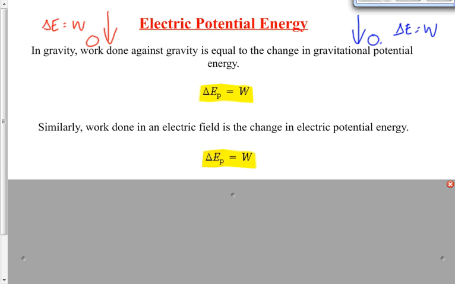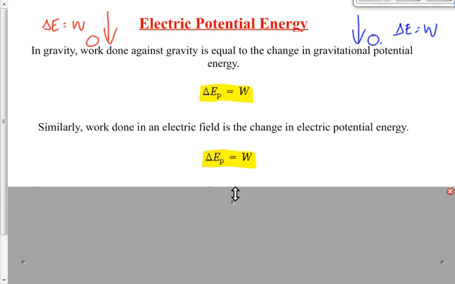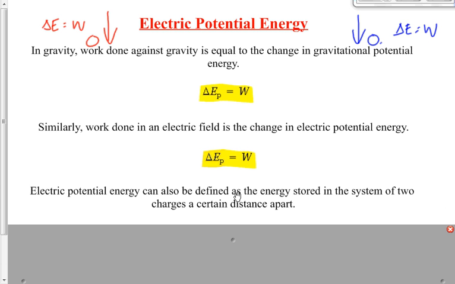When we're dealing with charges, however, charges are a lot closer to each other in magnitude than the remote control and the Earth are in mass. So then we have to go back to our better definition, which is not the energy stored in the one thing as a result of a height, but rather the energy stored in the system. We're going to define electric potential energy, beyond defining the change of potential energy as the work, as the energy stored in the system of two charges a certain distance apart, which really should be the definition for gravitational potential energy as well: the energy stored in a system of two masses a certain distance apart.